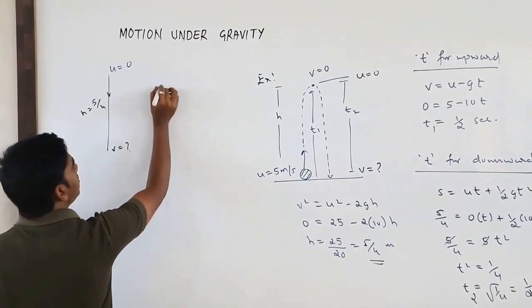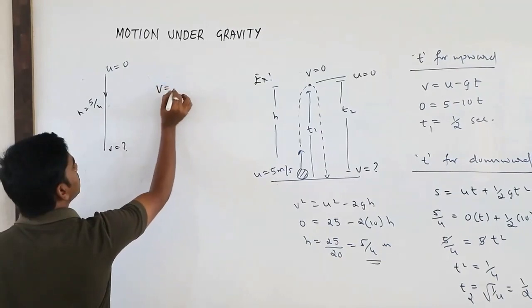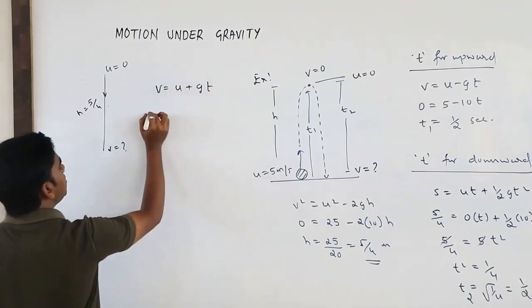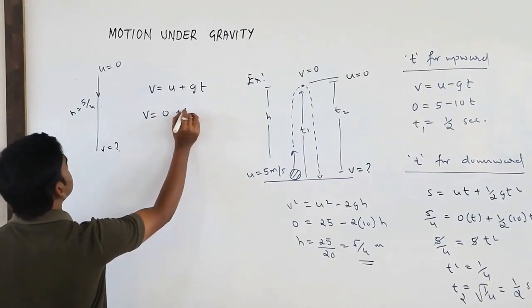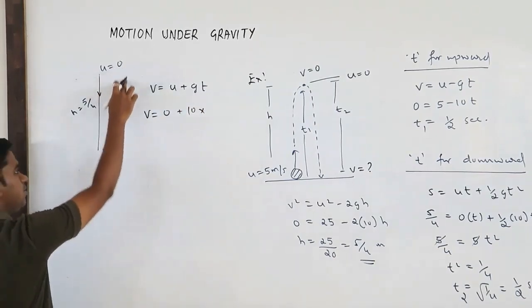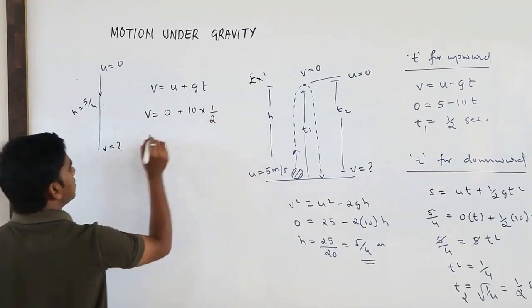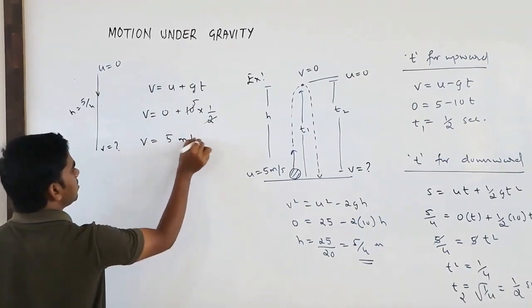We can apply v square equals u square plus 2gh, or simply you can directly apply v equals u plus gt. v you have to calculate. u is 0. g is 10. Time taken only to come from here to here is 1 by 2 seconds. Okay, so v equals, get cancelled, 5 meter per second.